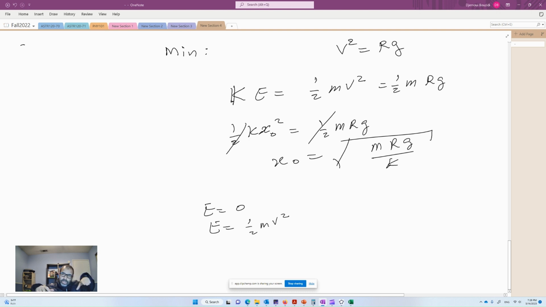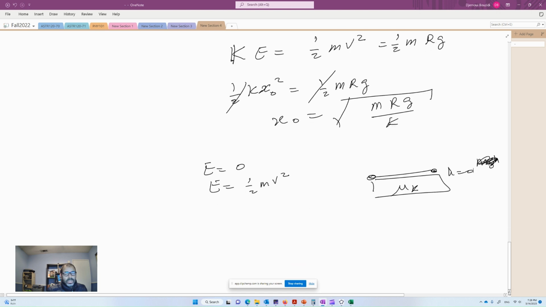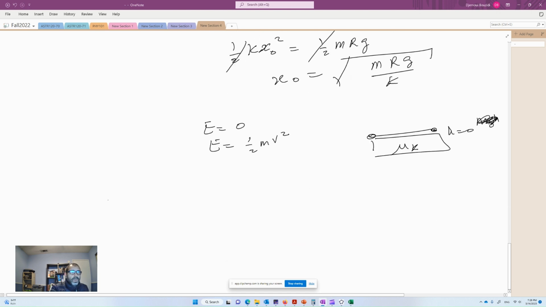When it reaches the surface where you have a mu k, it comes in at this point and ends at this point. So mgh is the same. There is no gain or loss in potential. So in this case, potential energy is zero. We're going to take the height to be zero. So the only thing that is actually the total energy is the kinetic energy. So the change in the total energy is equal to the work of the non-conservative forces.